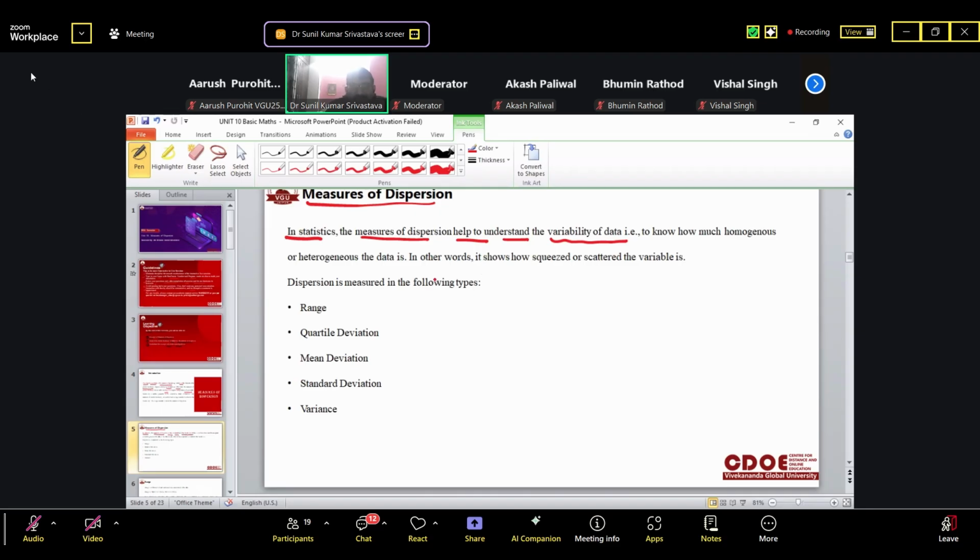In other words, it shows how squeezed or scattered the variable is. Dispersion can be measured in terms of range, quartile deviation, mean deviation, standard deviation, and variance. One by one, we will read these in our lectures.